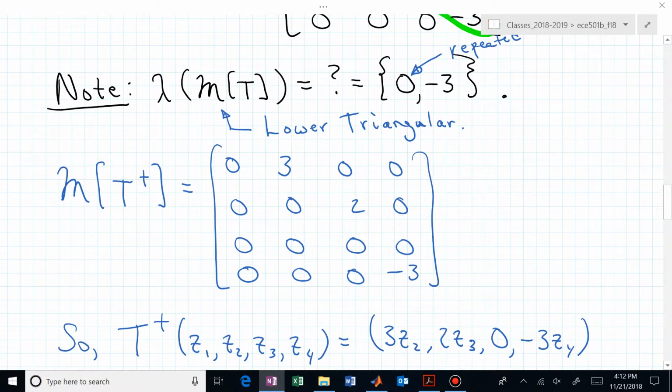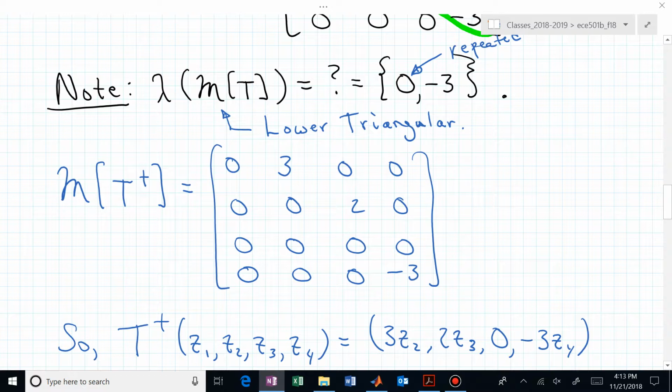That is found by looking at the first row, and that says we form the first component of the output of that adjoint operator by scaling the second component by 3. The second component of our output scales the third component of our input by 2. We zero out the third component, and the fourth component of our output is going to scale the fourth component of the input by minus 3.